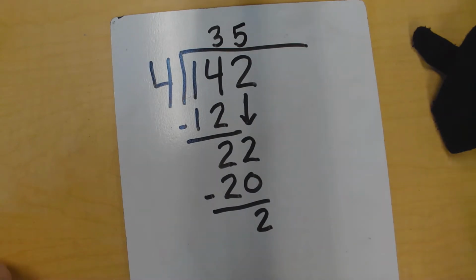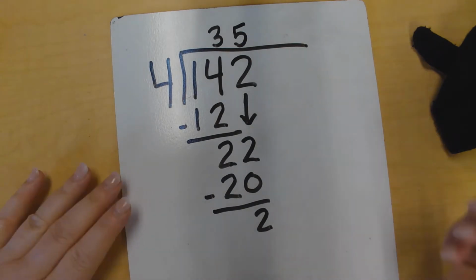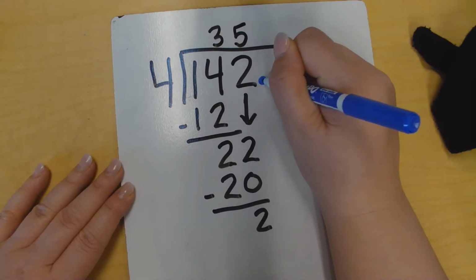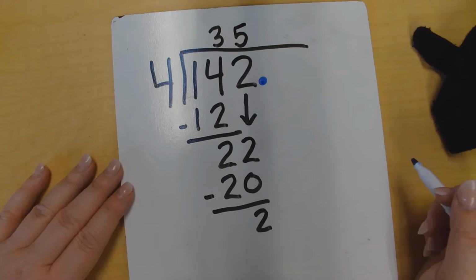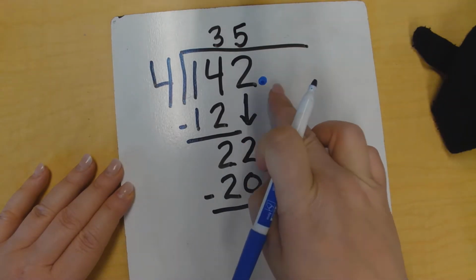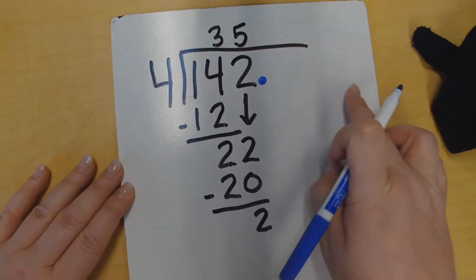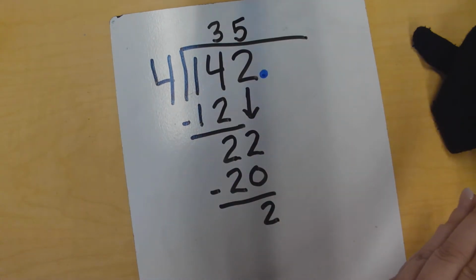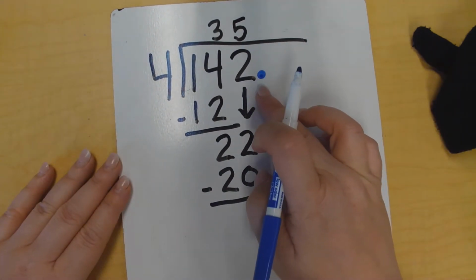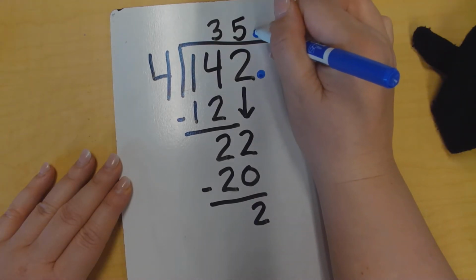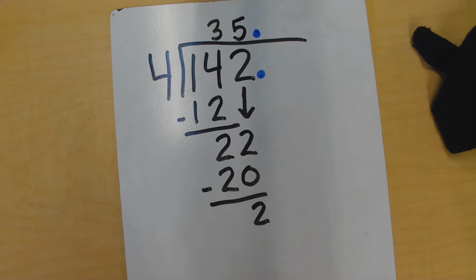We need to go into the decimal numbers, into the tenths, possibly the hundredths. So at the end of the whole number, a decimal happens. After the decimal point, we go into the numbers that are below 1 whole. Whole numbers on this side, decimal numbers on this side. So we put the decimal at the end of the whole number. We put the decimal again, same spot above in our answer, and we keep going.